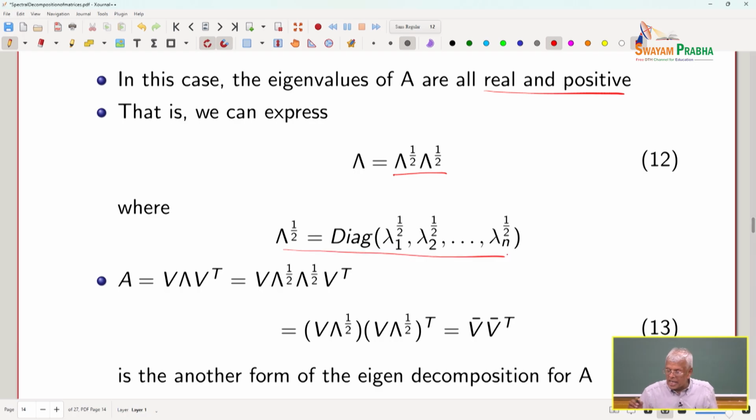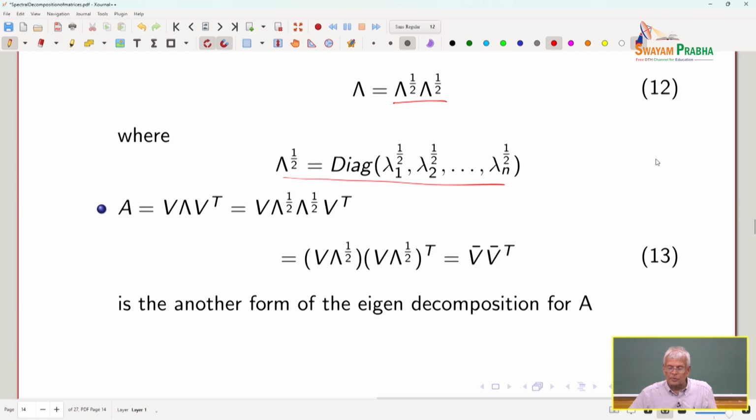Lambda to the power half is a diagonal matrix whose diagonal elements are the square roots of the diagonal entries. So A is equal to V lambda V transpose, and this can be written like this. Now, if I define this as a matrix V bar, this is equal to V bar transpose. So this is another form of the eigen decomposition.